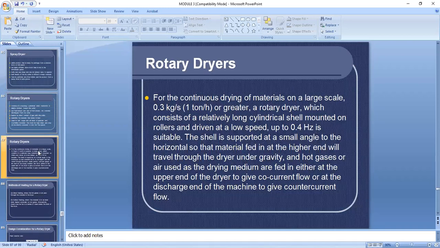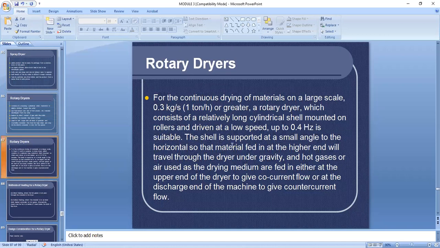Now, for the continuous drying of materials on a large scale, let's say for example, you need to process 1 ton per hour or greater, a rotary dryer, which consists of a relatively long cylindrical shell mounted on rollers and driven at a low speed, is suitable.